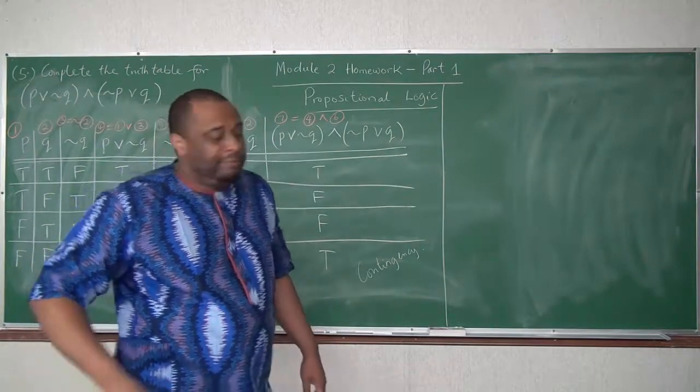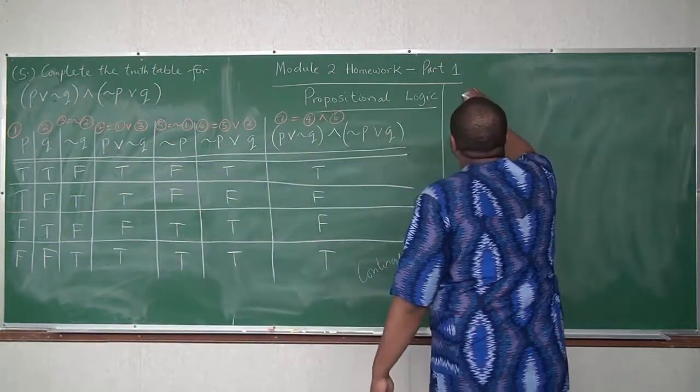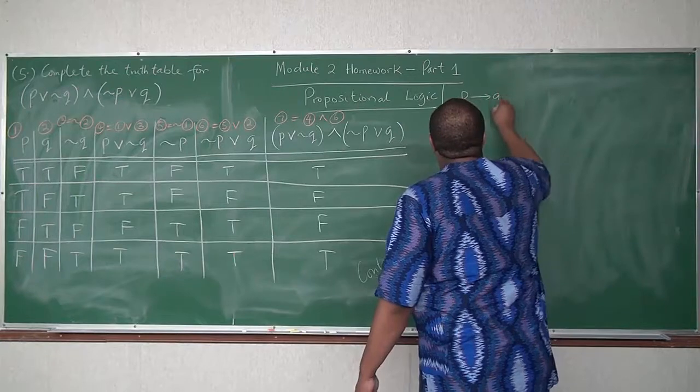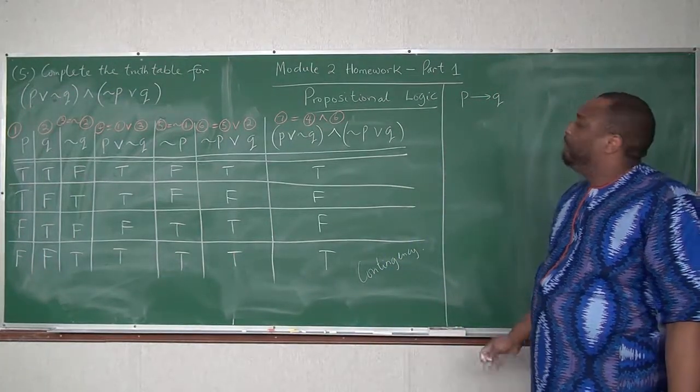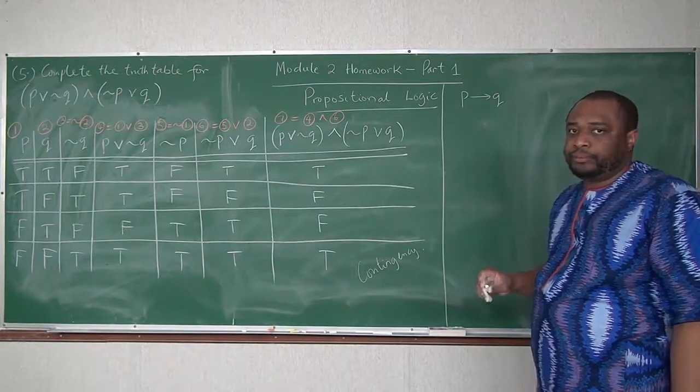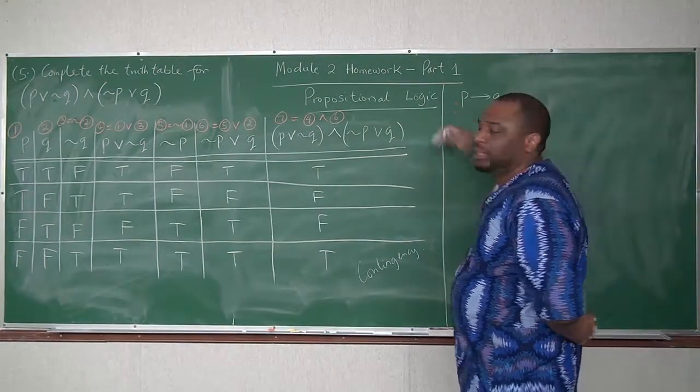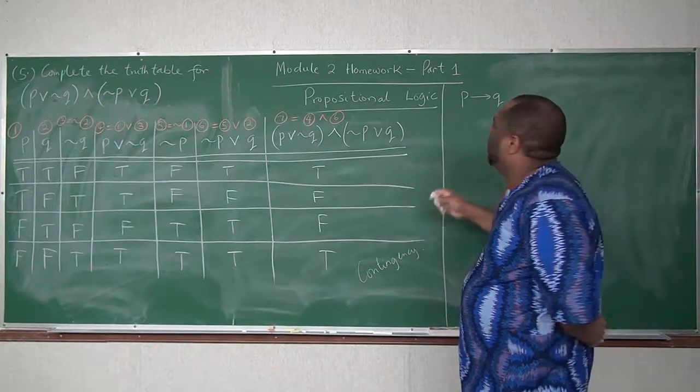If you have P conditional Q, P arrow Q, these are the several forms it could take.